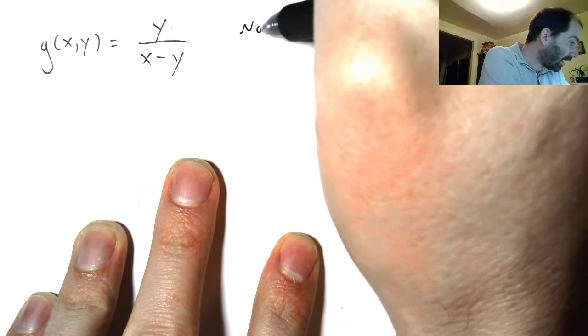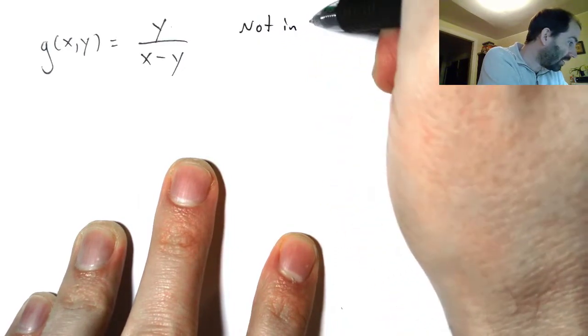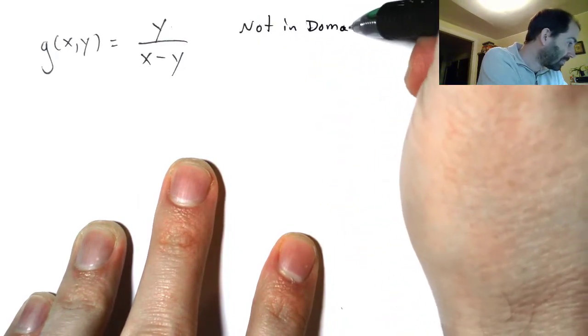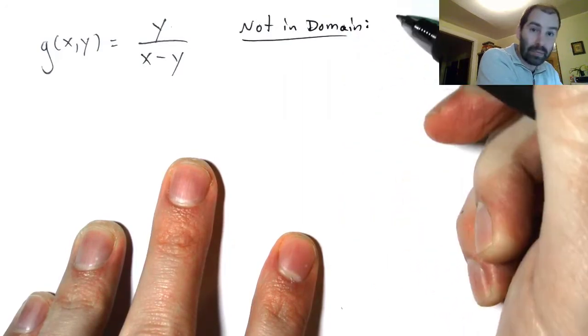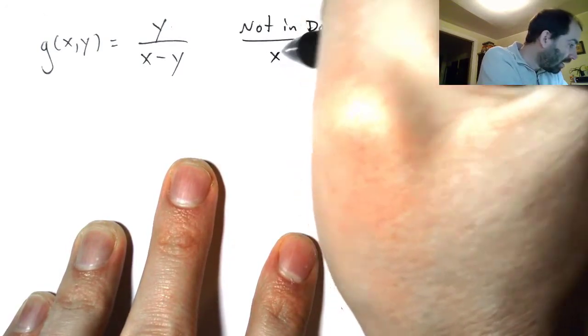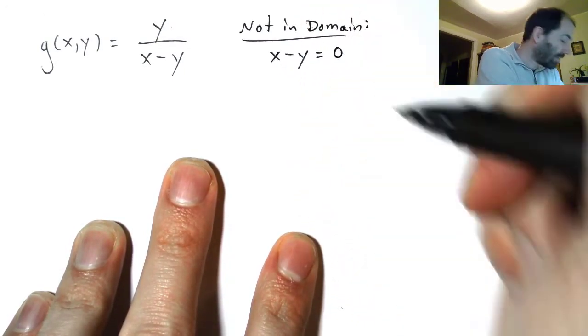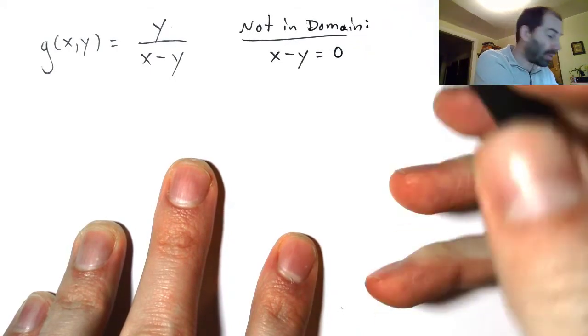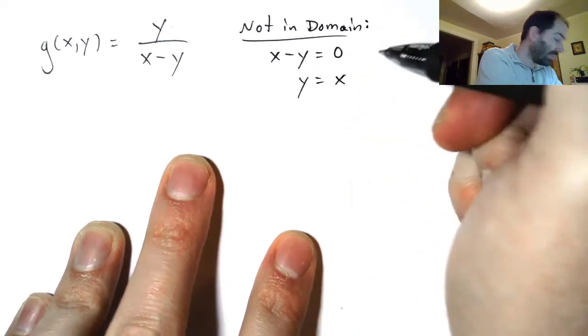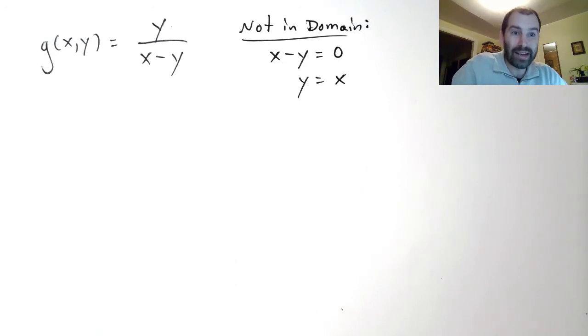So here's what we're looking at, what's not in the domain. What's not in the domain is what happens when x minus y equals 0. Let's use a little bit of algebra here and write this as y equals x.